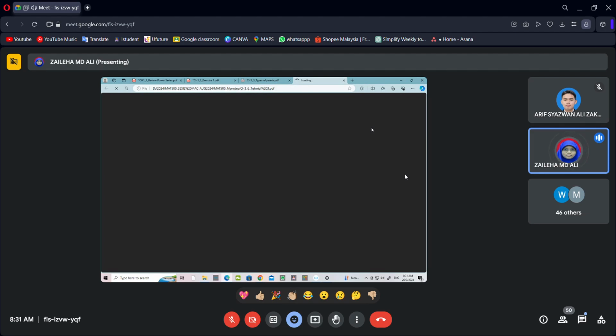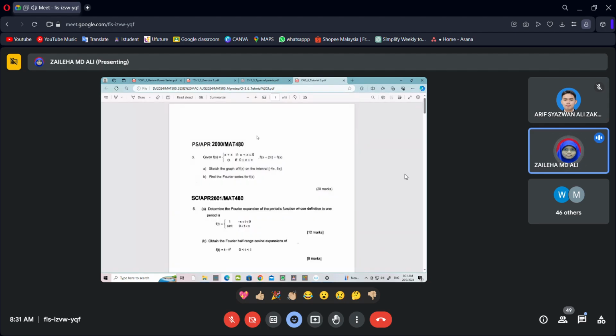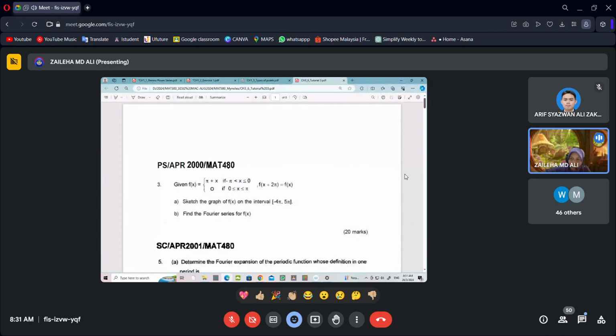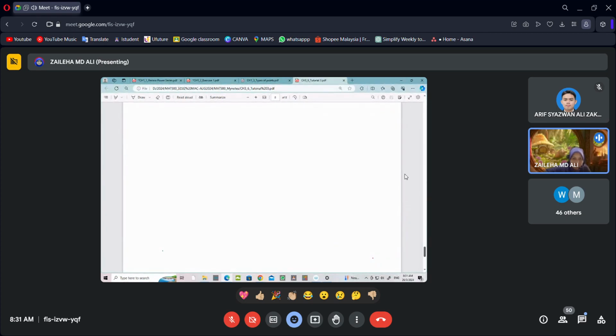What do you know about non-polynomial and polynomial functions? You have learned this, right? Dari darjah 1 lagi dah belajar. Darjah 1 tak lah ya, darjah 6. Sorry. Ni kan ada blank paper. Right.